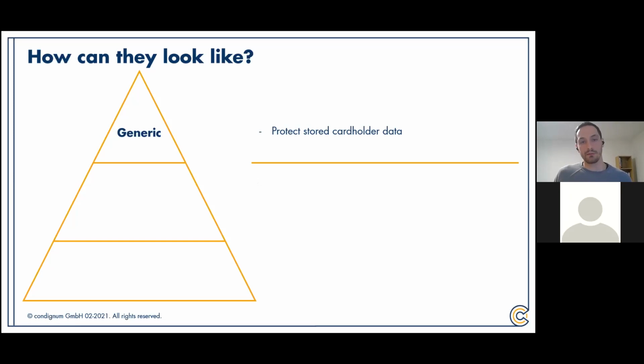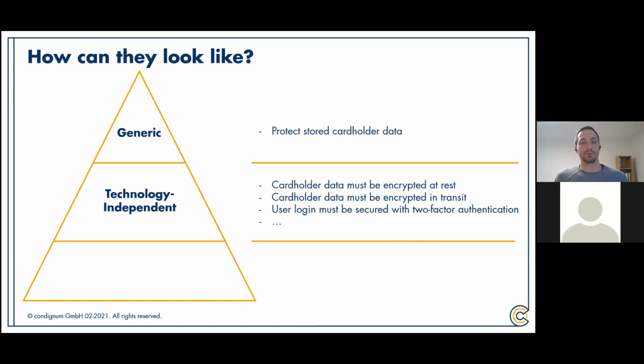So my recommendation is to take such generic requirements and break them down into more detailed technology-independent requirements. For example, this requirement here can be broken down into cardholder data must be encrypted at rest, and it must be encrypted in transit, and every login to the system must be secured with two-factor authentication, and so on. There can be a lot of different detailed requirements to achieve this generic goal.